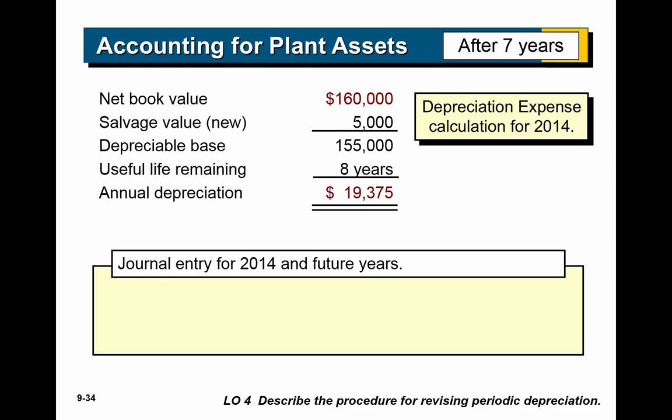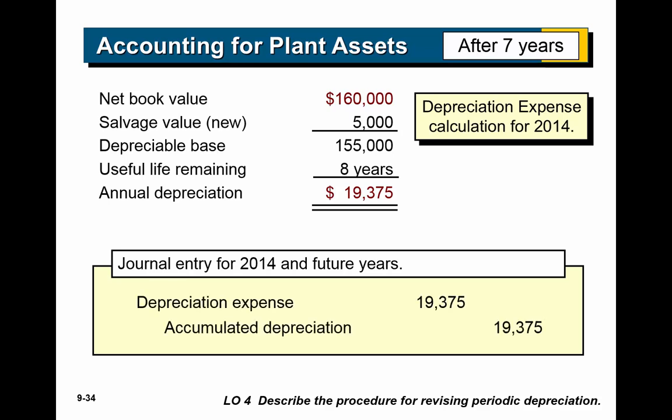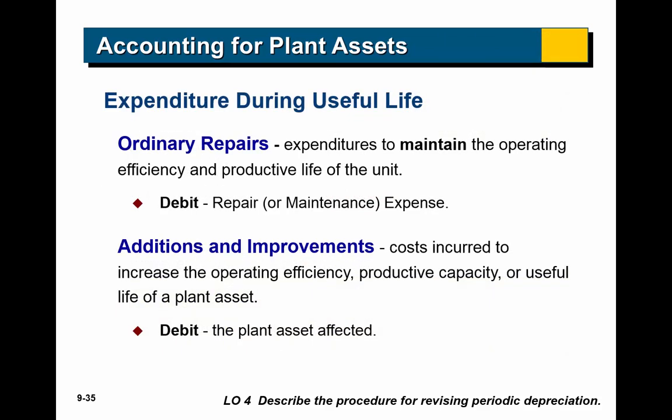We divide that by the new useful life, which is 8 years. Remember, we thought it was a 10-year asset, but we revised it to 15. So if 7 years have been depreciated, there's 8 years left, and that gives us our new annual depreciation of $19,375 per year. In the future, that's what the journal entries will look like, and that's good.